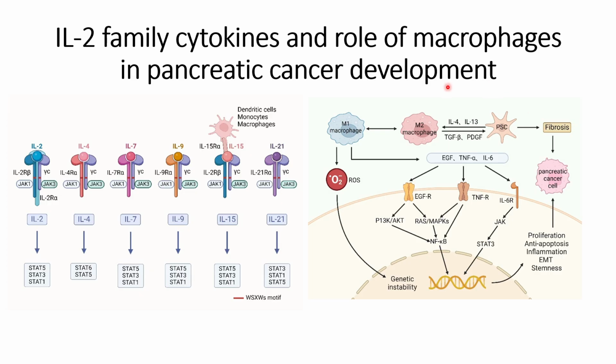So this is a brief overview of the IL-2 family cytokines and the role of macrophages along with their cytokines in pancreatic cancer development, or more precisely the development of chronic pancreatitis to pancreatic cancer.